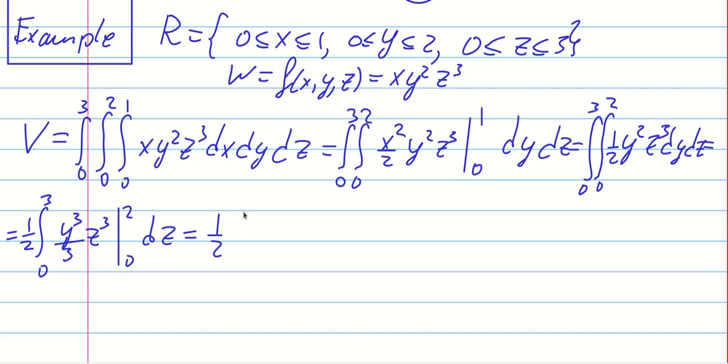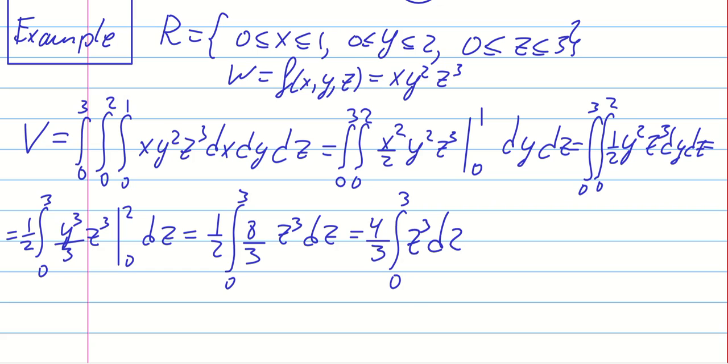So we have 1/2, one integral from 0 to 3. So when we plug in 2, we're going to get 8 over 3, and when we plug in 0, it zeroes out, so that's what we're left with. If we take constants and put them outside, 8 divided by 2 would be 4. So we'll have 4 over 3 integral from 0 to 3 of z cubed dz.